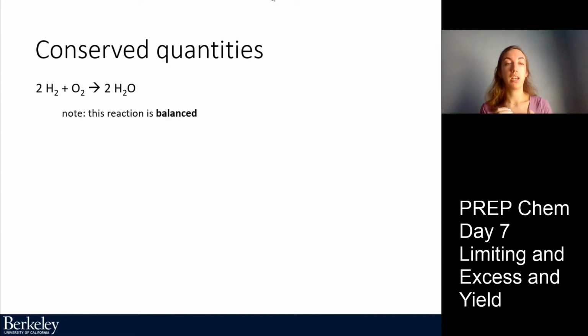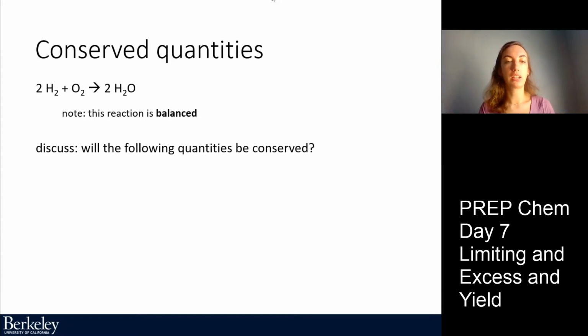So I can check, and on the reactant side, I have 4 hydrogen atoms and 2 oxygen atoms. And on the product side, I also have 4 hydrogen atoms, 2 in each H2O molecule, and 2 oxygen atoms, 1 in each H2O molecule. So I want you to talk in your groups about whether you think the following quantities will be conserved as I run this reaction.